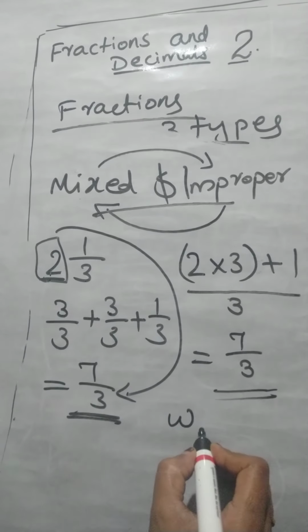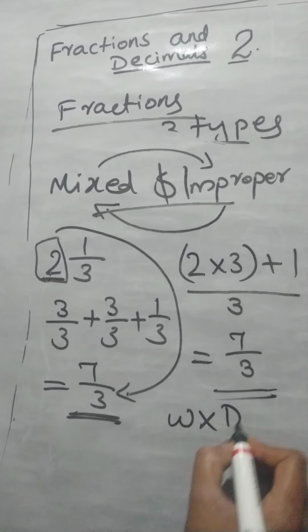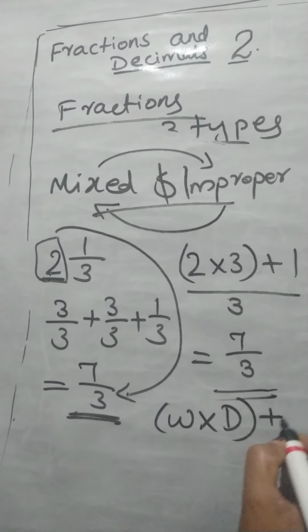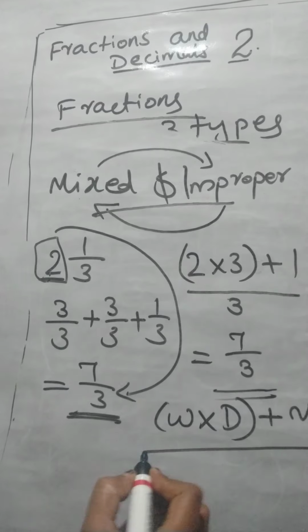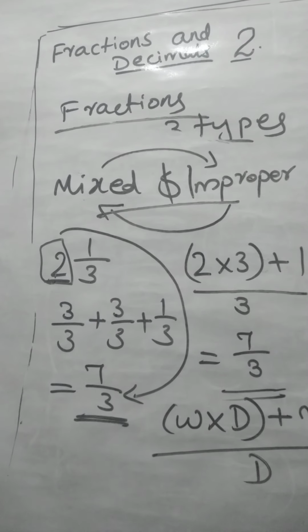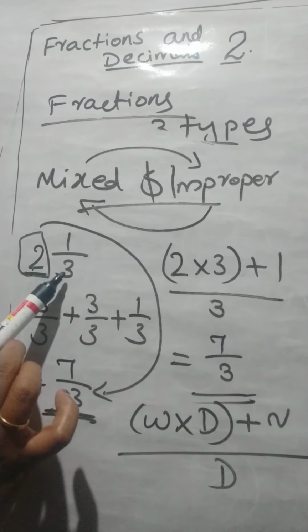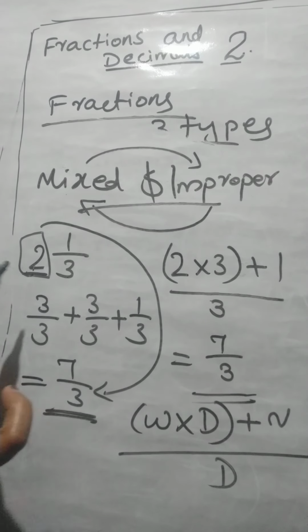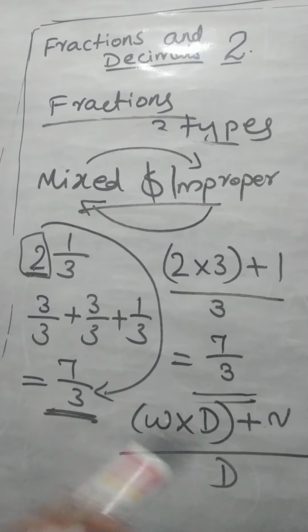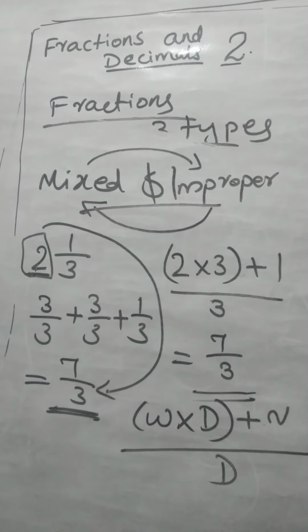That is whole number times denominator plus numerator, divided by the denominator itself. This is the way. We have to multiply the whole number and denominator, and that product we have to add with the numerator, then write the denominator itself.